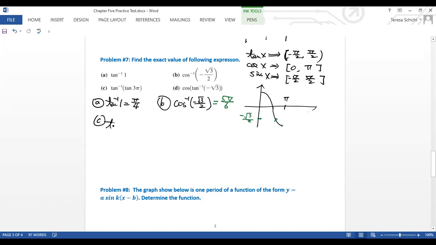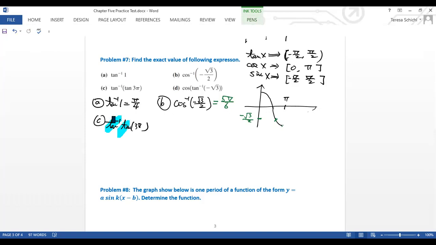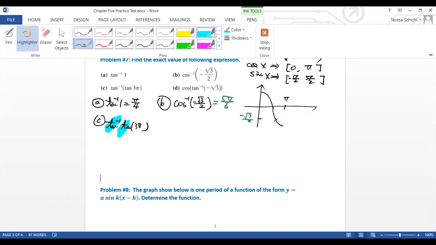Okay, so then this is a tangent, arctangent, tangent 3 pi. You can do the cancellations because one is inverse, one is not.